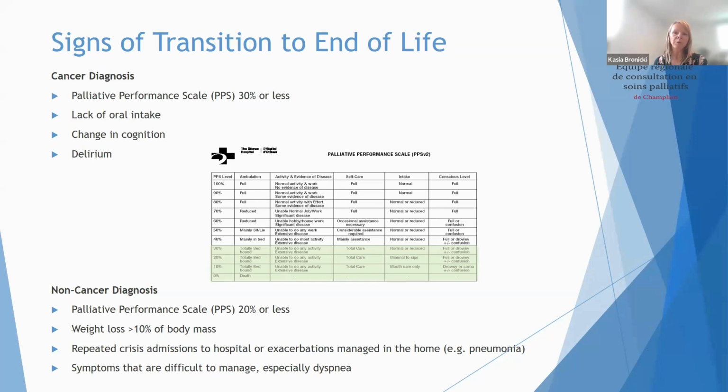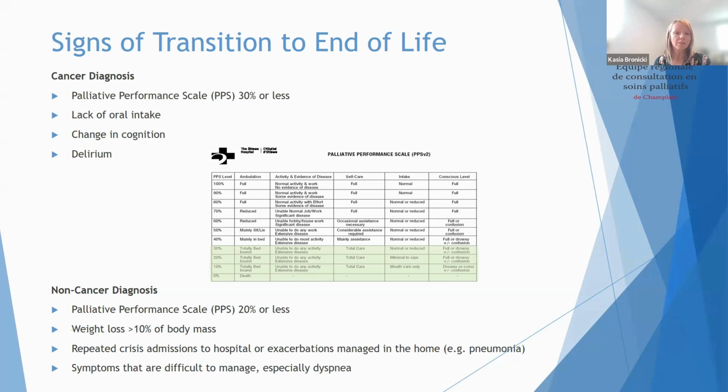It can help with prognostication in somebody with a cancer diagnosis, but not for individuals with a non-cancer diagnosis. For somebody with a cancer diagnosis, typically signs of transition towards the end of life would be a PPS of 30% or less, and that's highlighted here. Within that PPS, we also see a lack or decrease of oral intake, sometimes a change in cognition, and sometimes we can see delirium present as well.